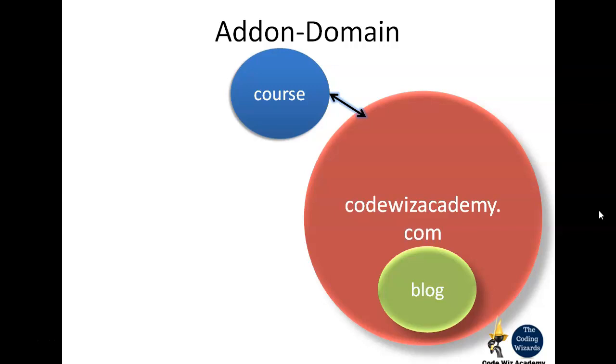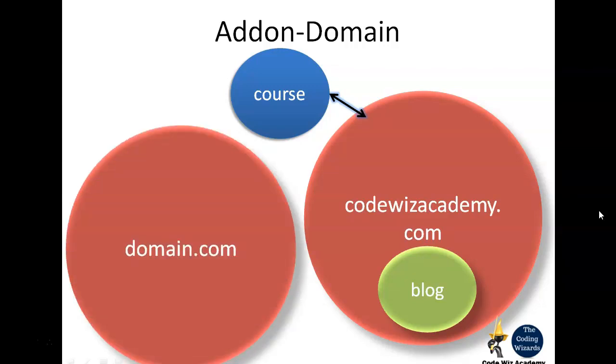Now I have purchased a hosting which allows me to host multiple websites or multiple domains. Because of that feature in the hosting plan, I can add another domain to my hosting server.